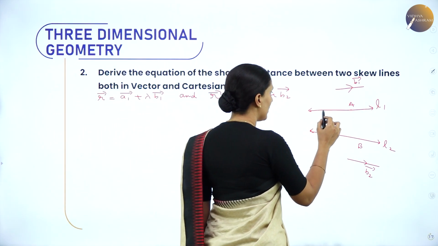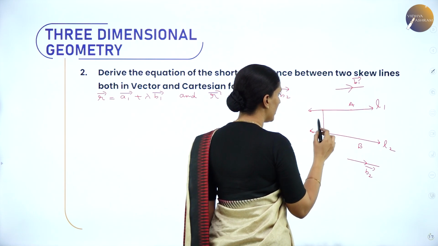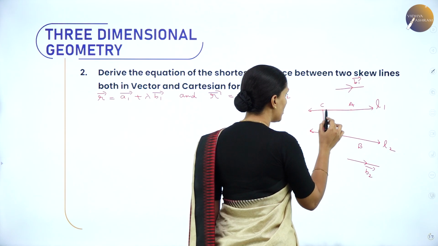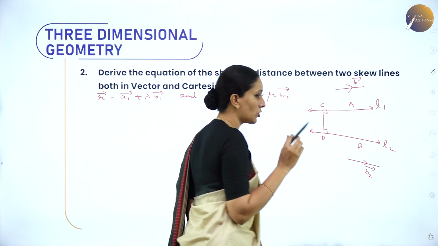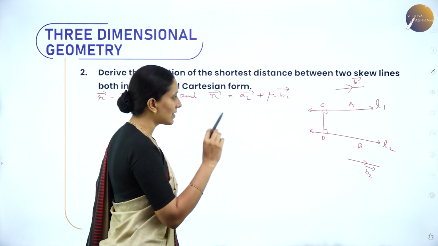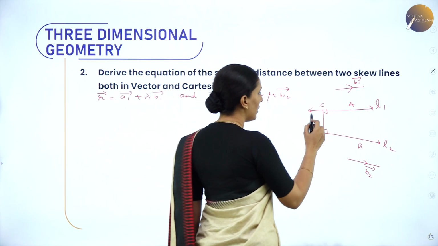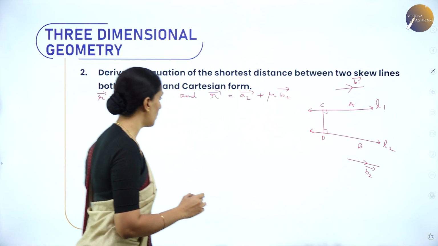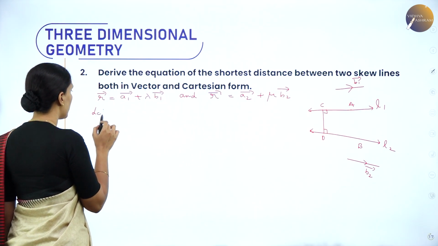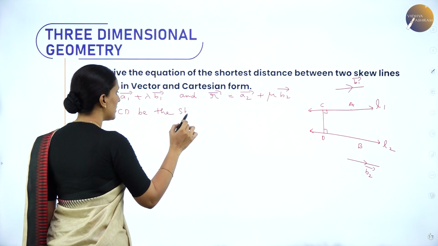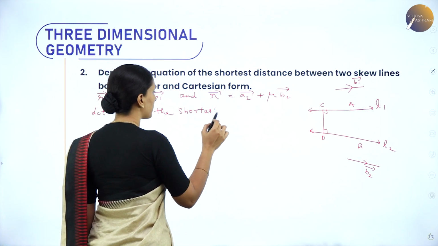Now let me consider the points C and D. Let CD be the shortest distance between the two lines. The shortest distance means the distance between the lines perpendicular to both.